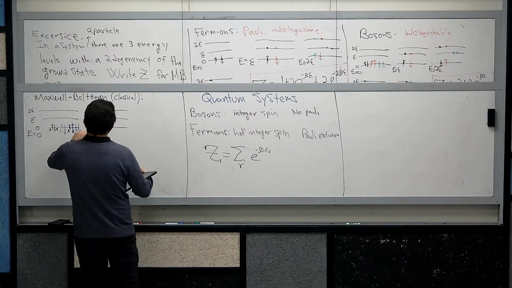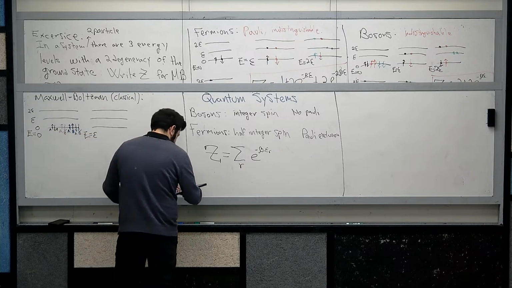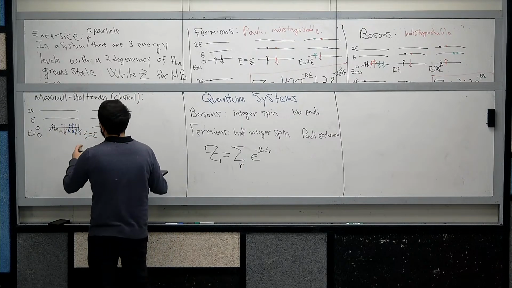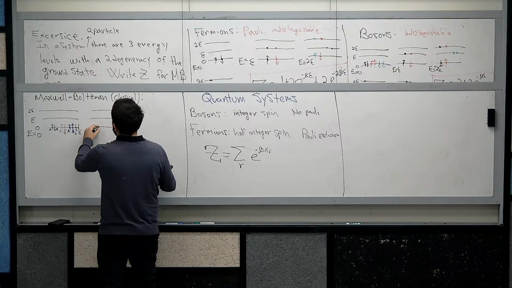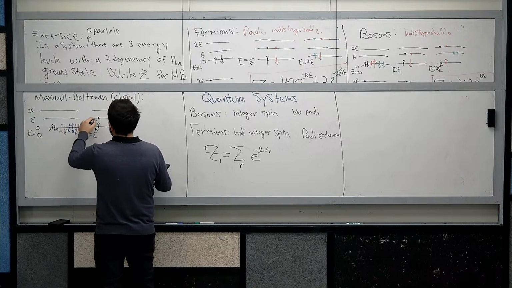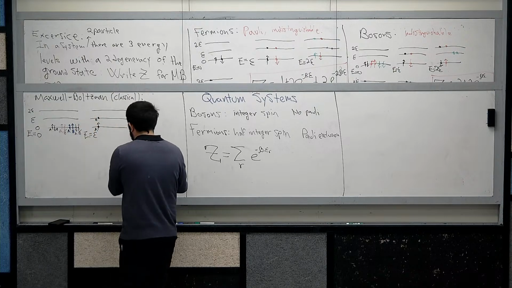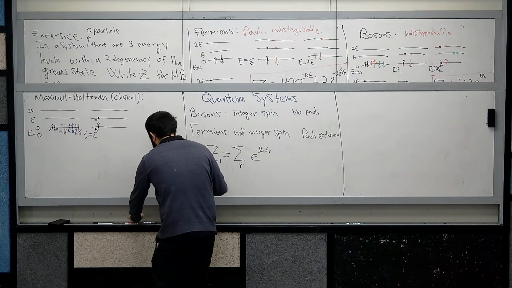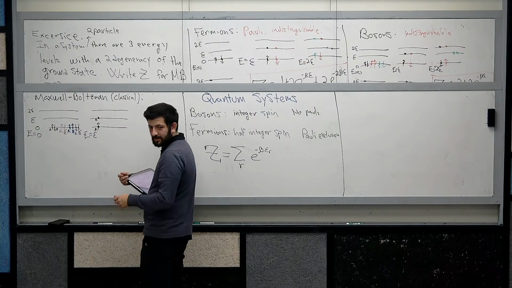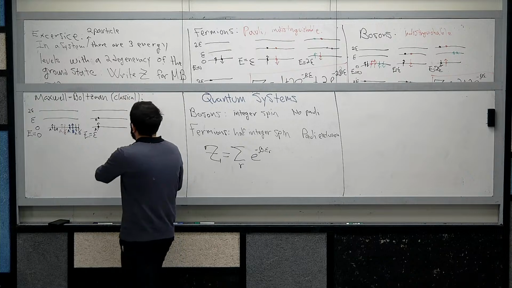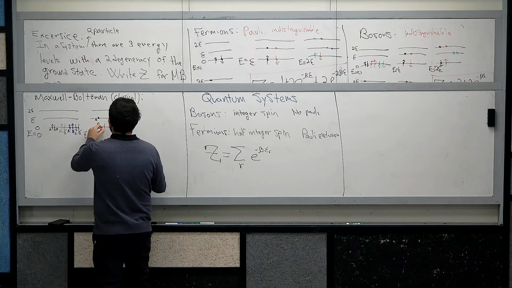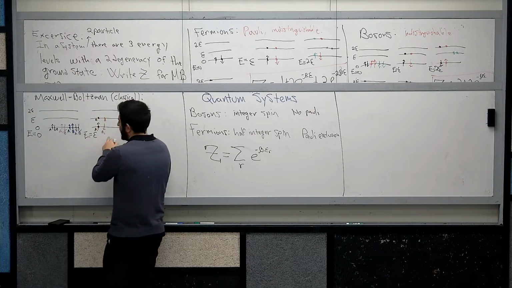For energy equal epsilon, what possibilities do we have? One in epsilon spin up, and the other in 0 spin down. And both spin down and spin up, 2 states.